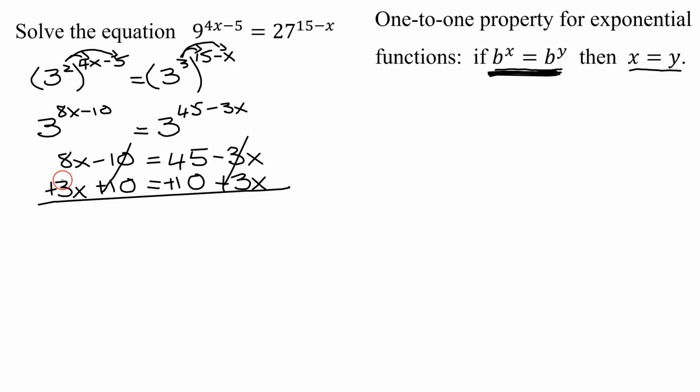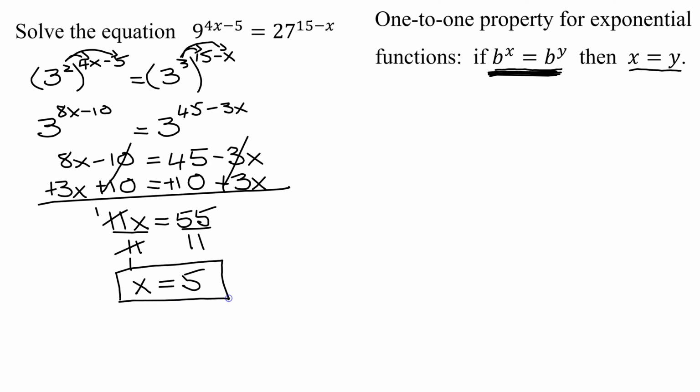So I'm going to have 8x plus 3x is 11x equals 45 plus 10 is 55. Last thing I need to do, divide both sides by 11. I get x equals 55 divided by 11 is 5. So the solution to this equation is x equals 5.